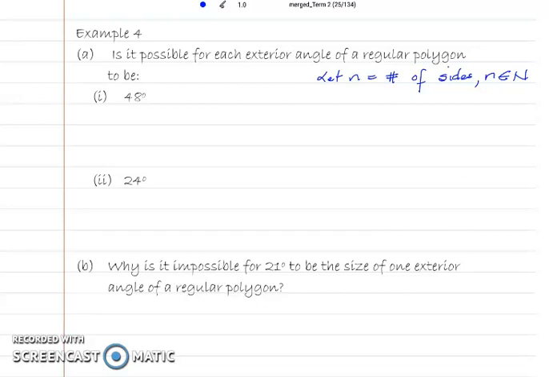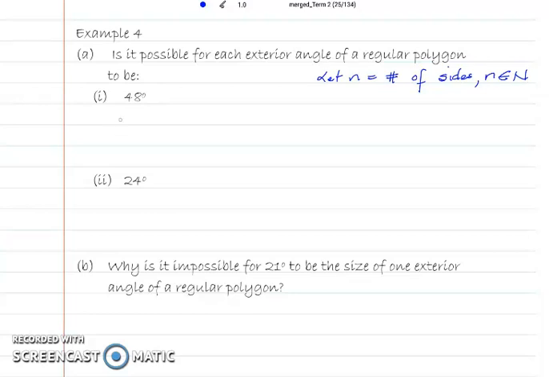If n comes out to be a whole number, then we can say yes, the polygon can have 48 degrees as the size of one exterior angle. If n, however, does not come out to be a whole number, we are going to have to say that no, 48 degrees cannot be the size of one exterior angle of a regular polygon.